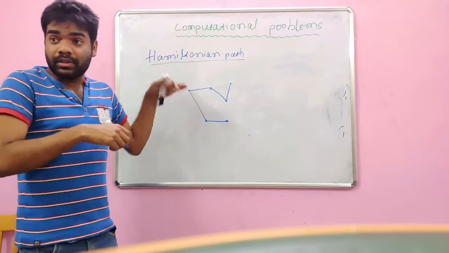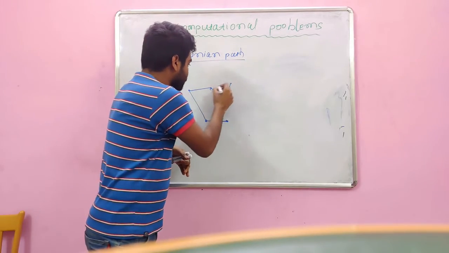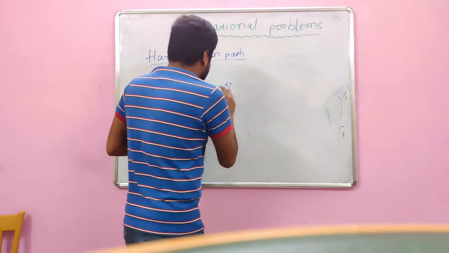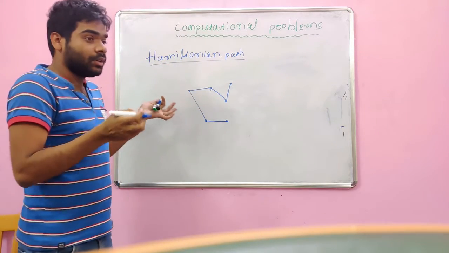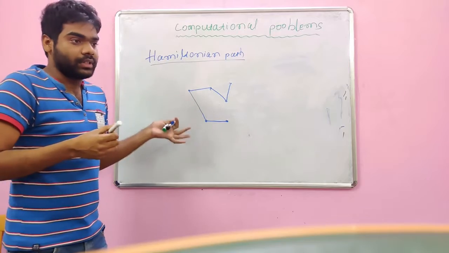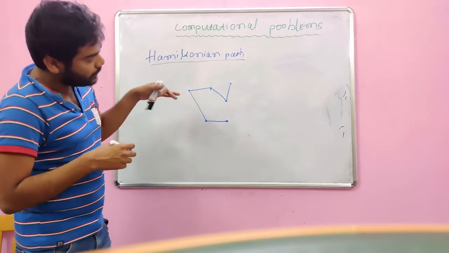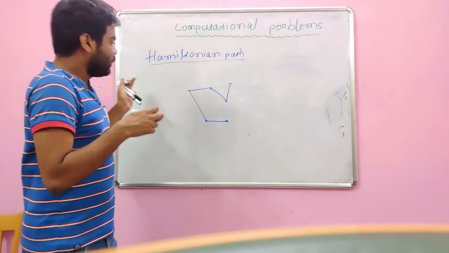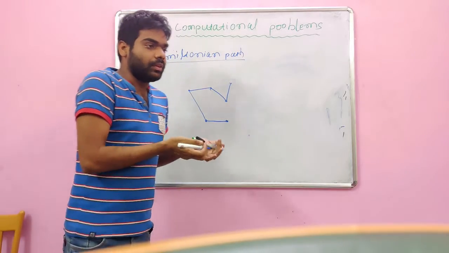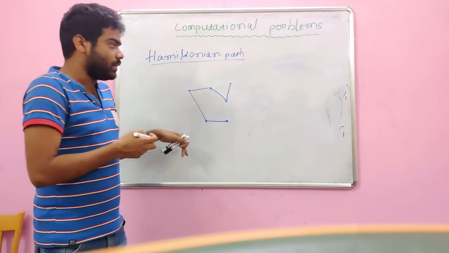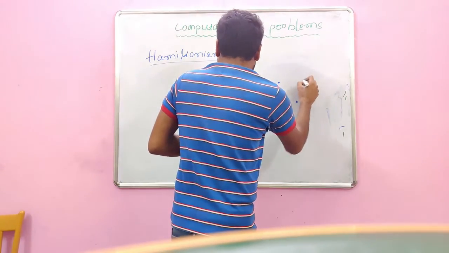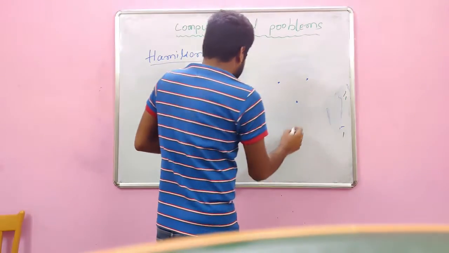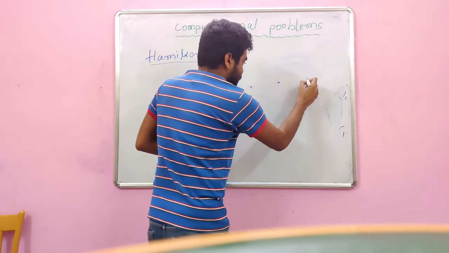This path can be in a different way, like this, like this. Many other orders you can also do. There will be many orders depending on your number of vertices. If the number of vertices becomes more, then there will be more paths, right? So if this path is given, and this is the graph, right? So this can be like this.